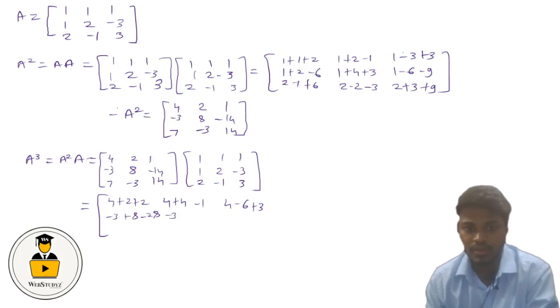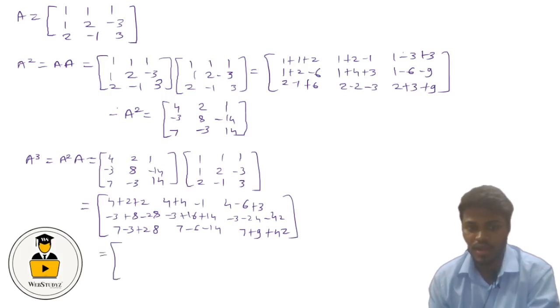Then 3 minus 3 plus 16 plus 14, then minus 3 minus 24 minus 42, then 7 minus 3 plus 28, then 7 minus 6 minus 14, then 7 plus 9 plus 42.